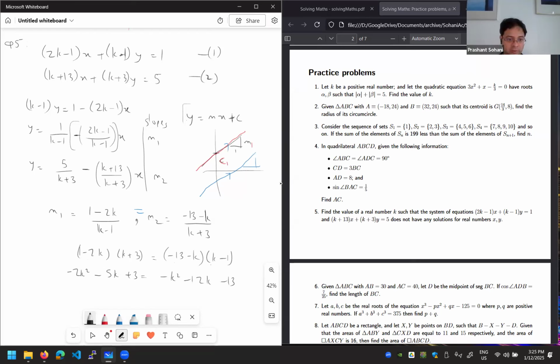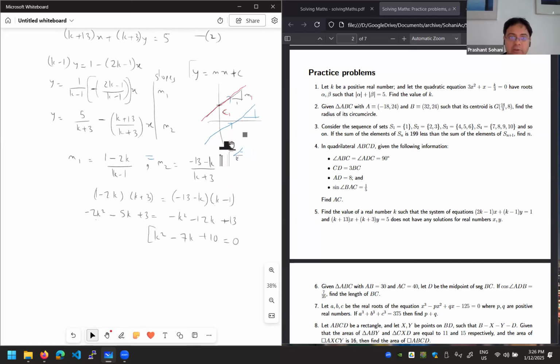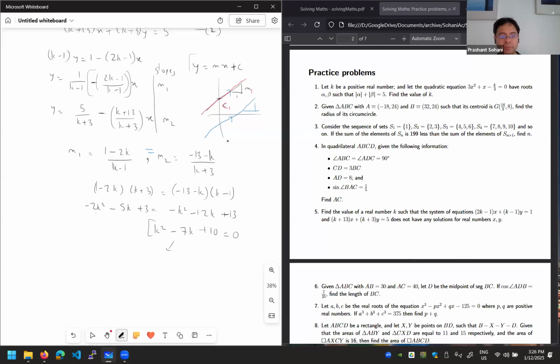If I take everything to one side, the minus 2k square becomes plus k square, minus 7k, and this will be plus 13. So this is the equation I'm getting: k square minus 7k plus 10 equal to 0. It is easy to see that 2 and 5 are the roots, so k is 2 or k is equal to 5.